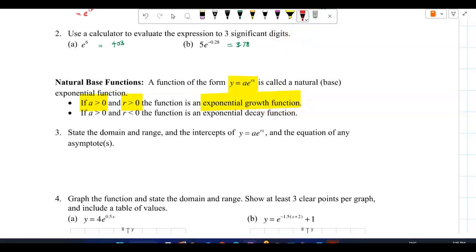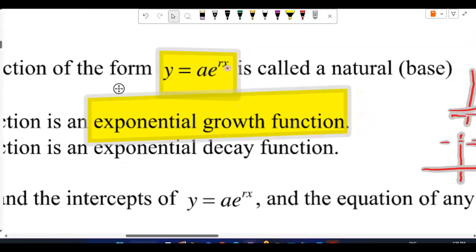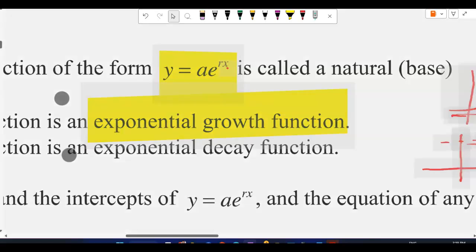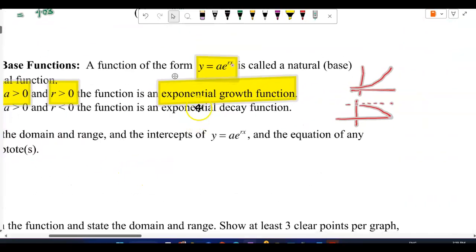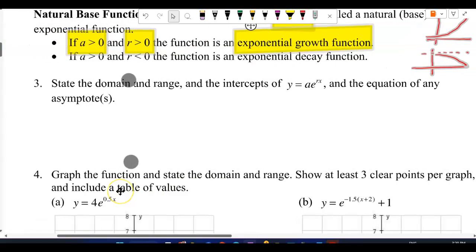If a is positive and r is negative, you will get exponential decay. What is r? R is the coefficient of x, like 2x or 3x. It's not called anything in particular, just in the context of what is given.